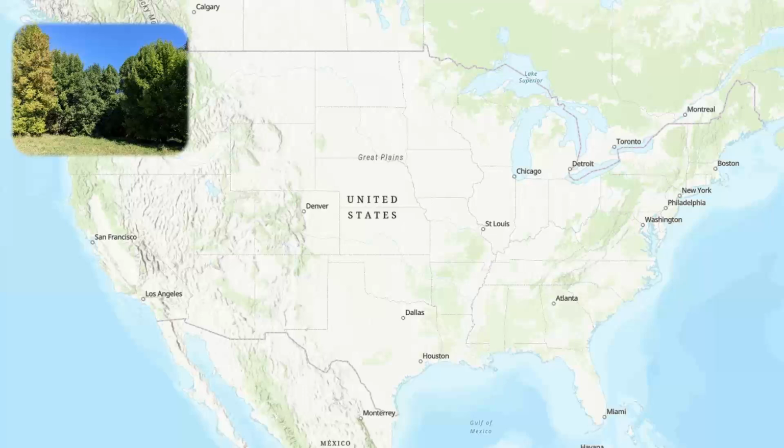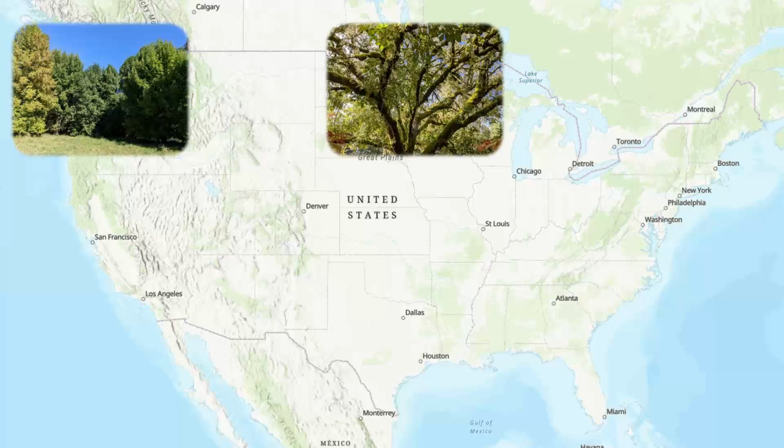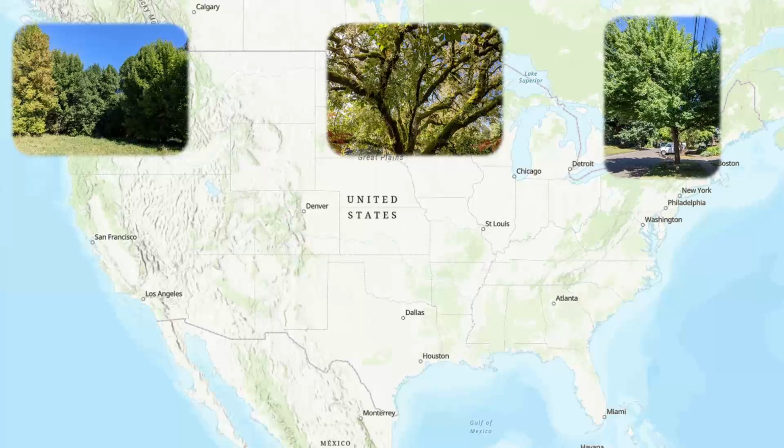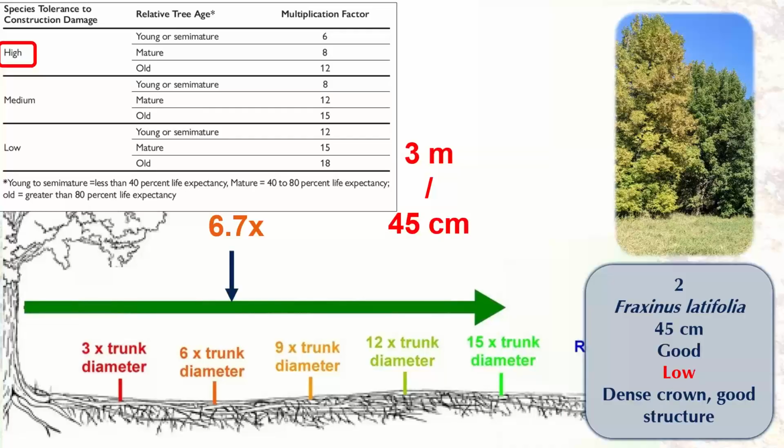But what's most important is that you all, rather than thinking of Fraxinus latifolia, Oregon ash, are thinking about what has high tolerance to root loss and construction damage in your area. That might be box elder, Acer negundo, or Acer rubrum, red maple. Find something in your area and think about that tree in place of this Oregon ash, okay?